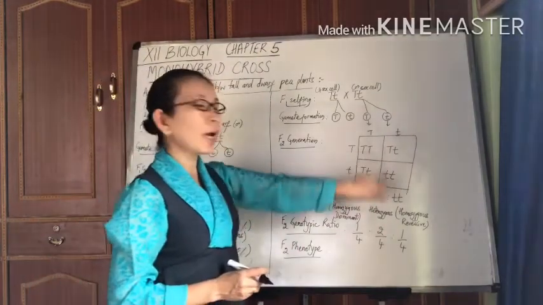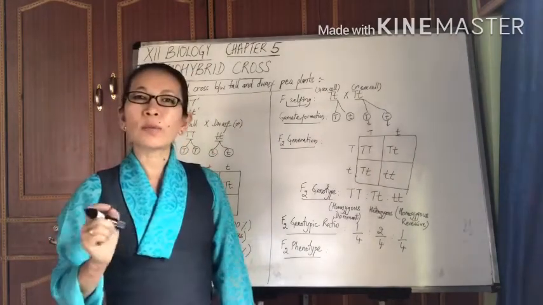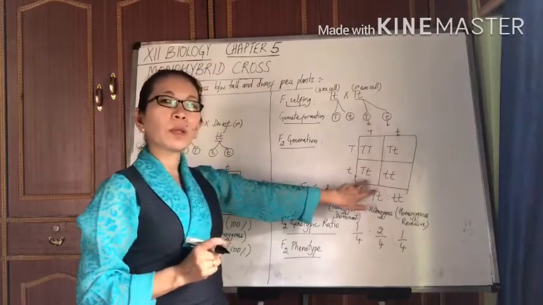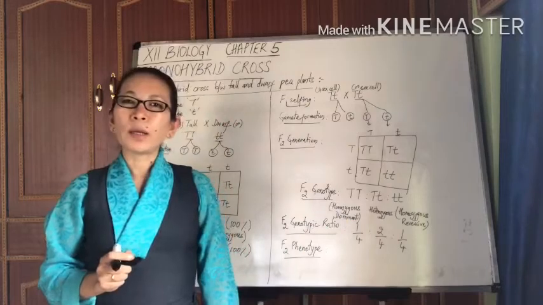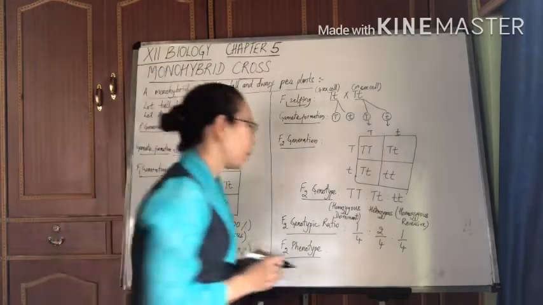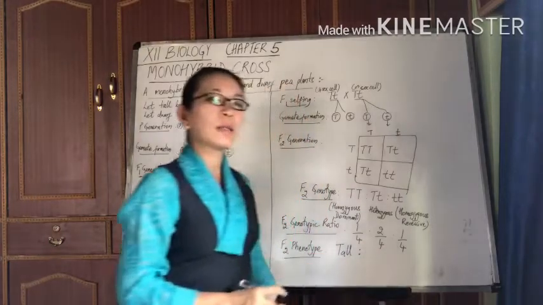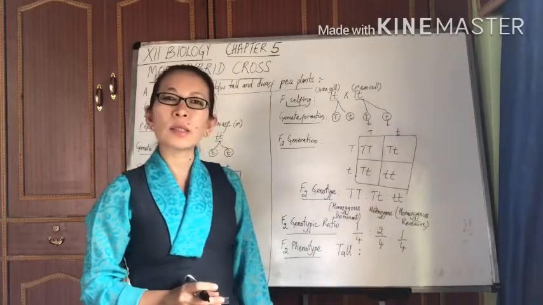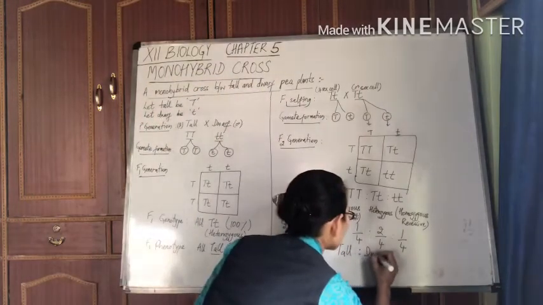So since we know that T or tall is dominant over small t, which is dwarf, so the homozygous dominant and heterozygous genotype possessing plants can be expressing tall phenotype, whereas organisms with this homozygous recessive kind of genotype can be expressing dwarf.